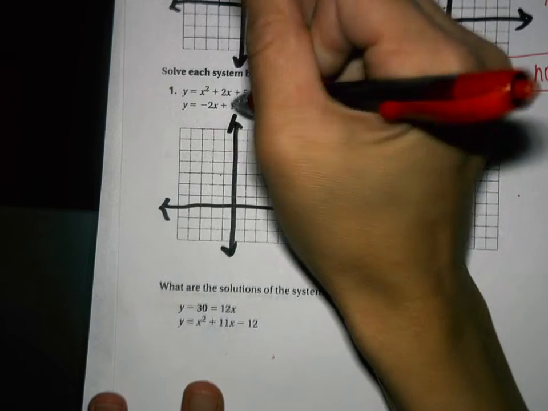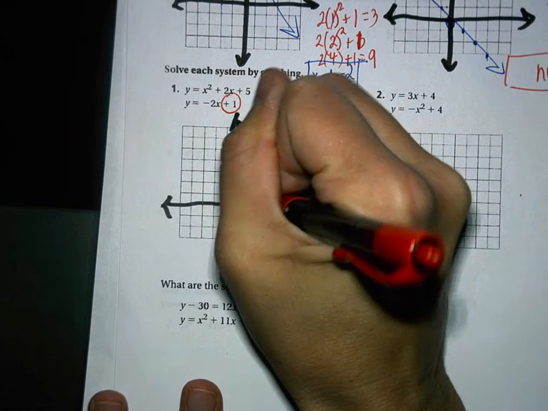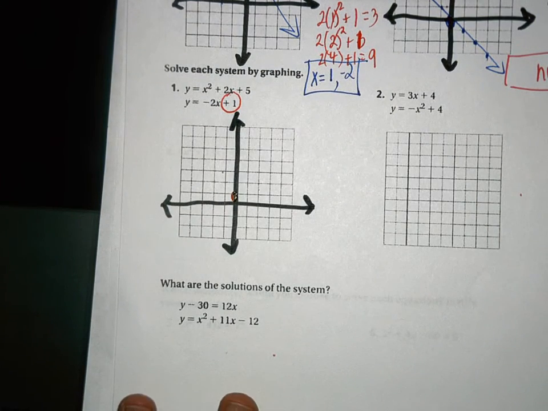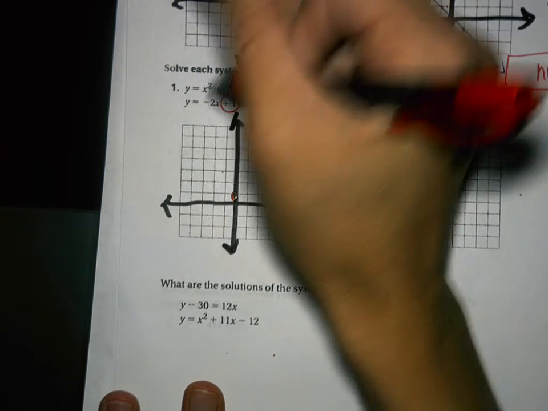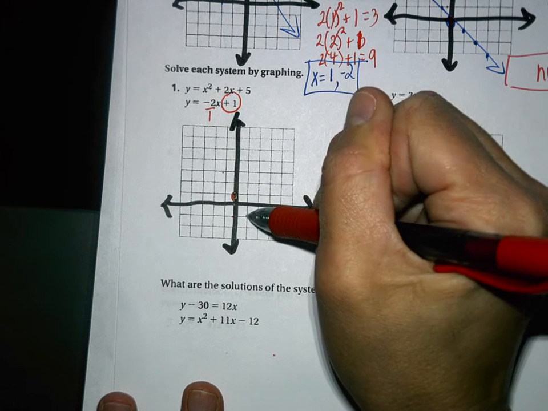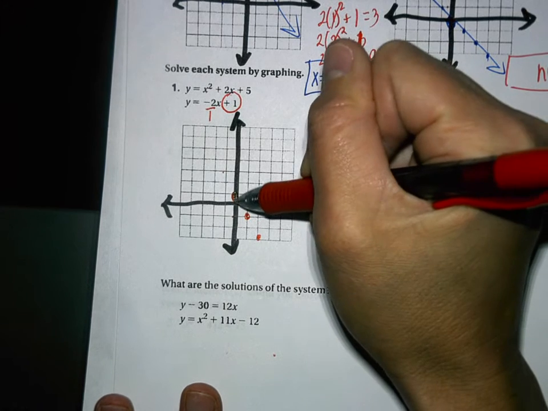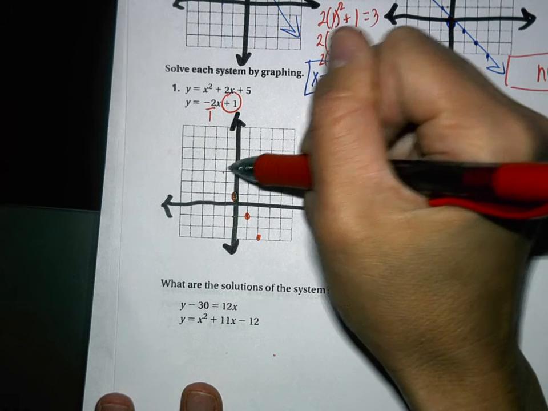The y-intercept, which is positive 1. Good. Okay, now what is the slope on that line? Good, negative 2 over 1. So we're going to go down 1, 2, right 1. Down 2, right 1. And then we're going to do the same thing. Up 2, left 1.